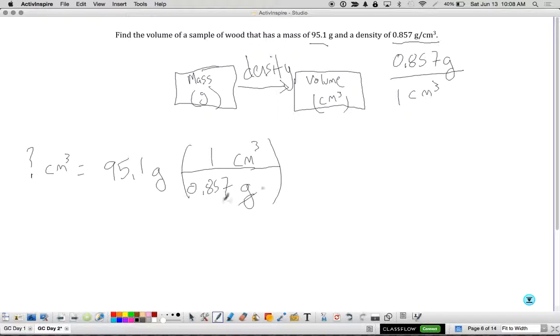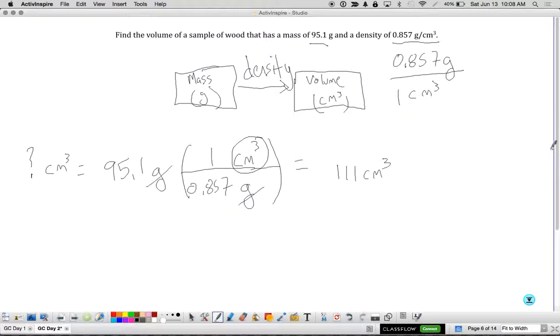My grams go away, I'm left with centimeters cubed. It's nice and easy, a one-step problem. And I get 111 centimeters cubed. I'm going to use 3 significant figures because this number has 3 and this number has 3. So there it is, 111 centimeters cubed.